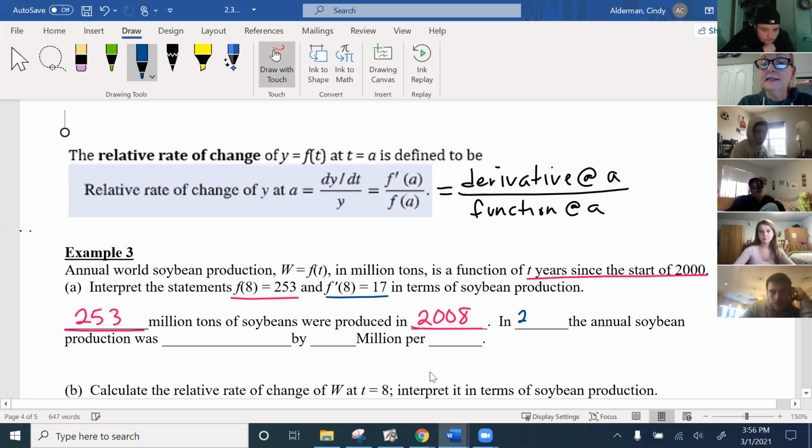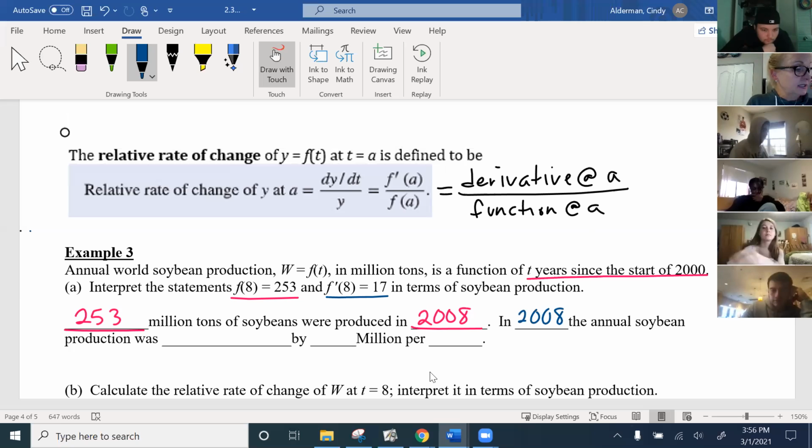So we can say in that same year of 2008, the soybean production was increasing or decreasing? Increasing. And why do you say increasing, Kevin? Well, I was just looking at f(8) = 253 and f'(8) = 17.